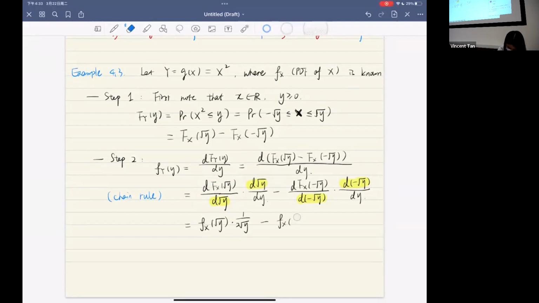We have this term. In the differentiation of this part, we are just regarding the square root of y as a whole term, as some random variable. So it's just like differentiating over x, F_X of x. So we obtain the PDF of x here.